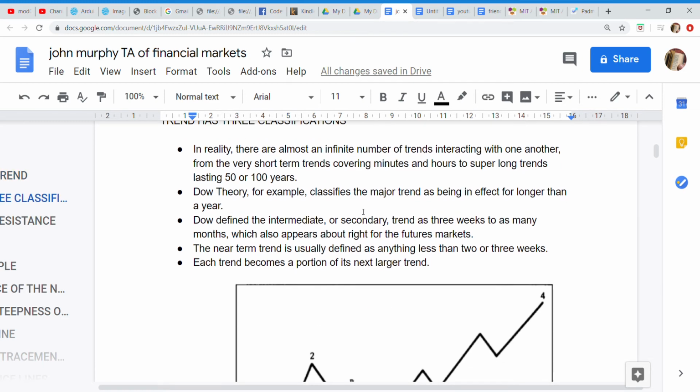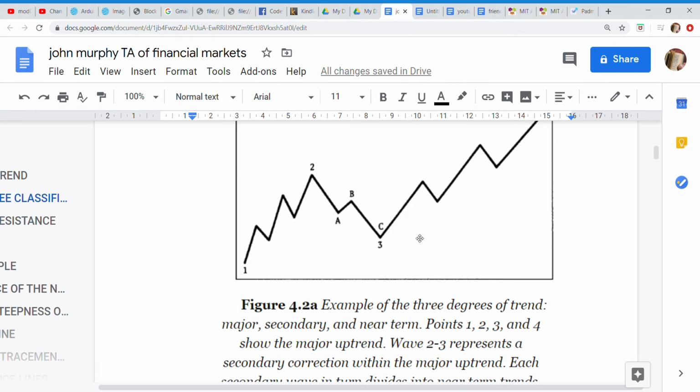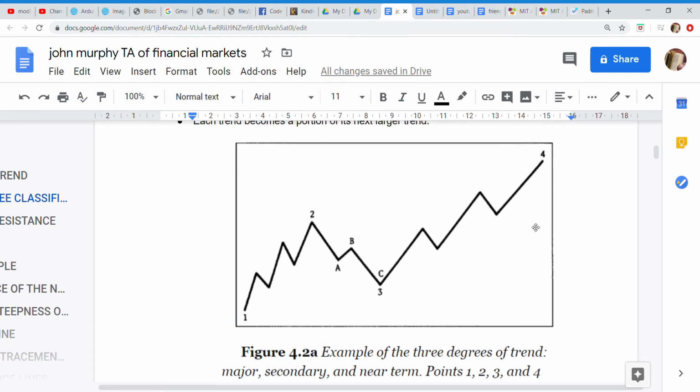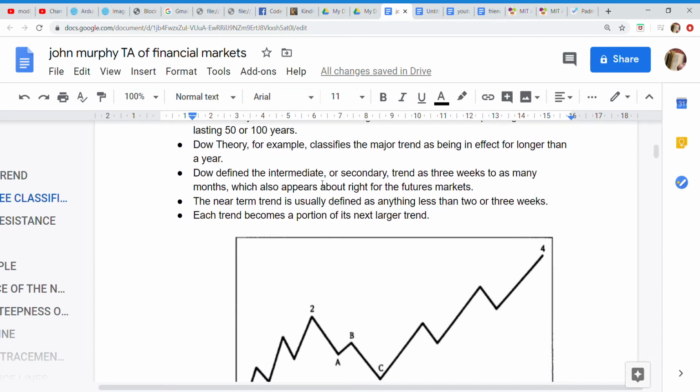Dow theory, for example, classifies the major trend as being in effect for longer than a year. So this is a major trend. Dow defined the intermediate or secondary trend as 3 weeks to as many months, which also appears about right for the futures markets.